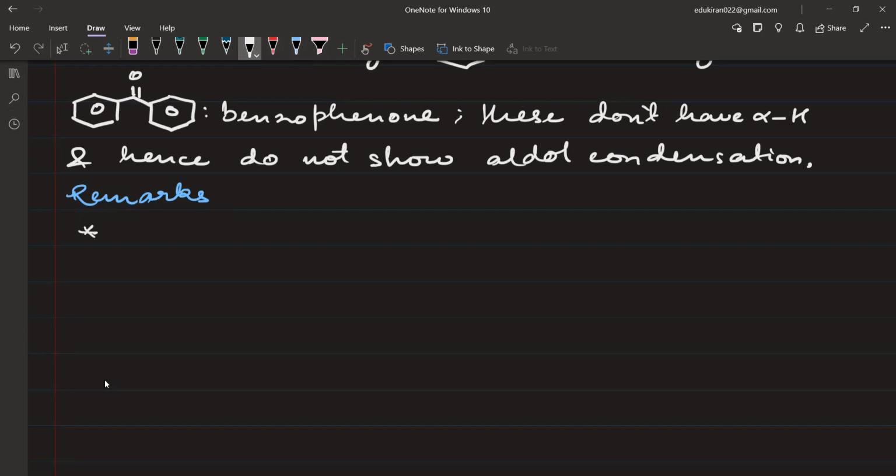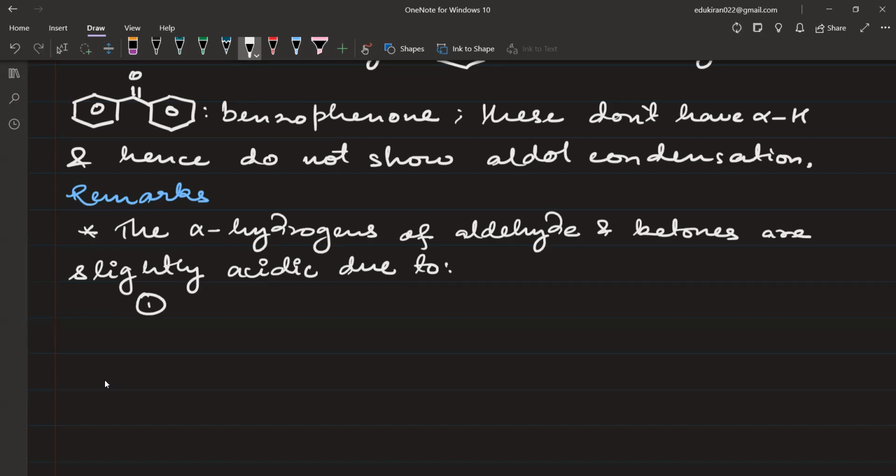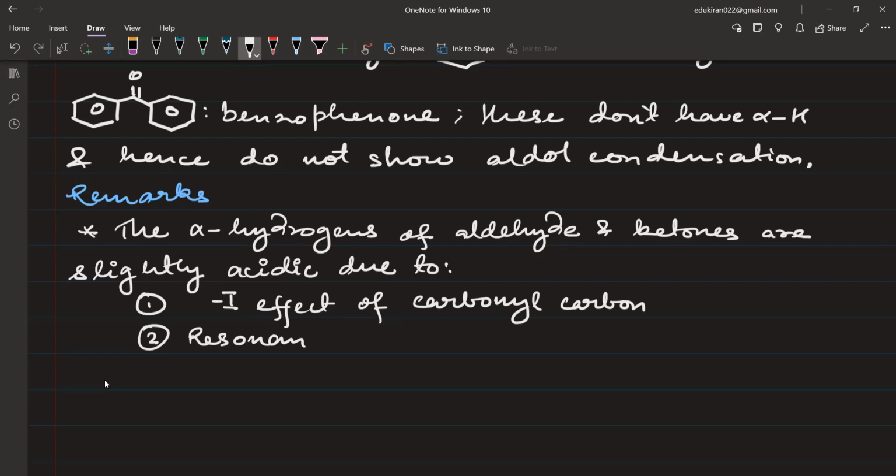Right, the first point: the alpha hydrogens of aldehyde and ketones are slightly acidic due to, number one, the minus I effect of the carbonyl carbon, and number two, the resonance stabilized conjugate base.